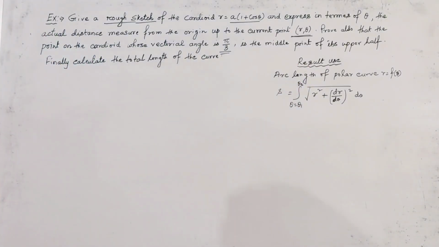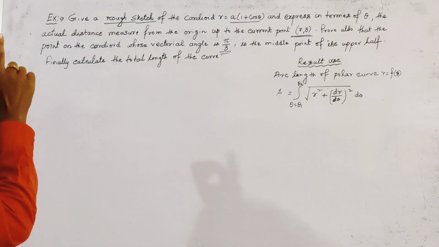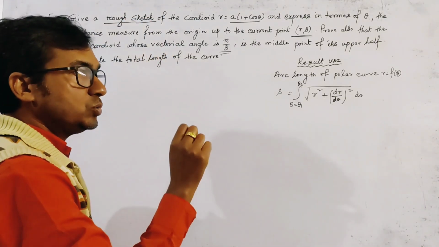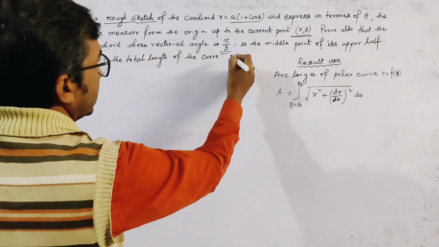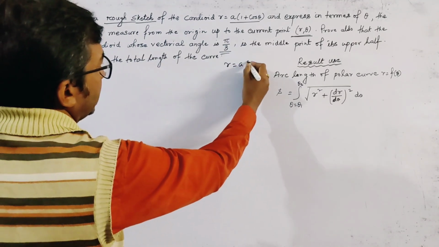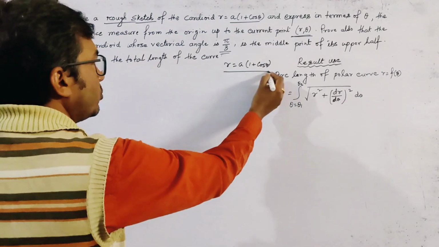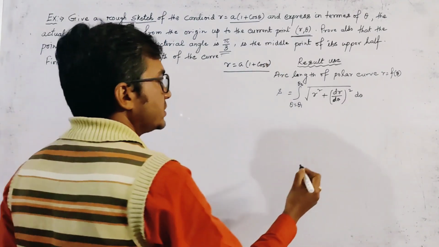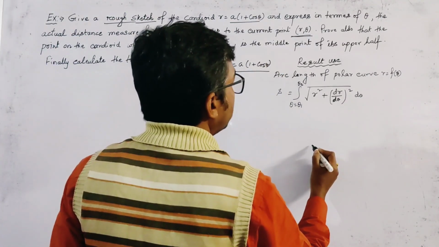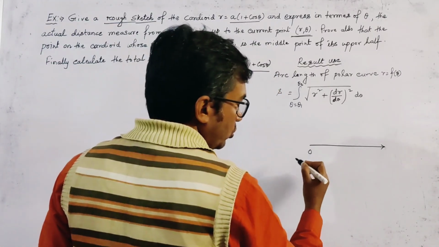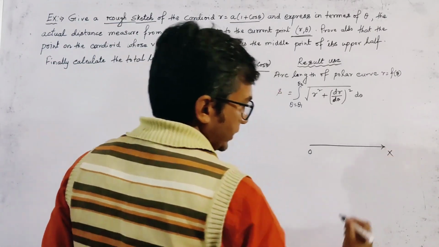Now we first try to draw a rough sketch of r = a(1 + cos theta). Since this is a polar curve, we first draw a pole and an initial line. This is pole O and this is the initial line OX.